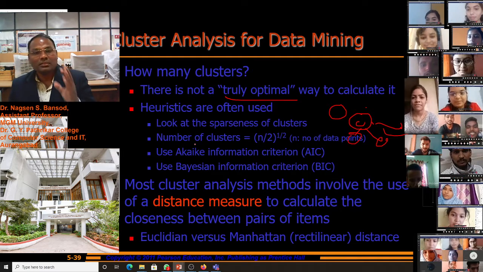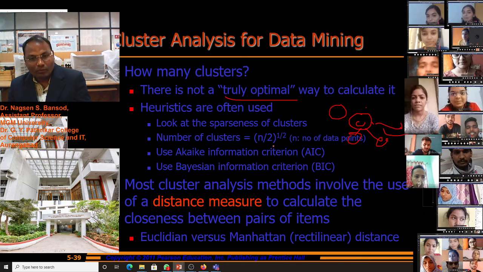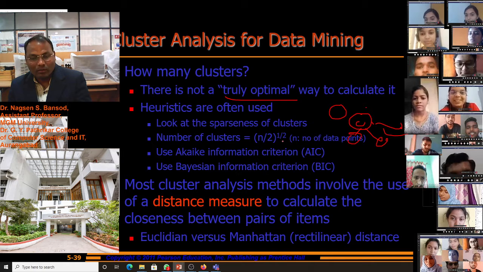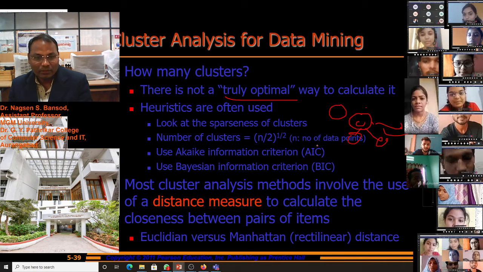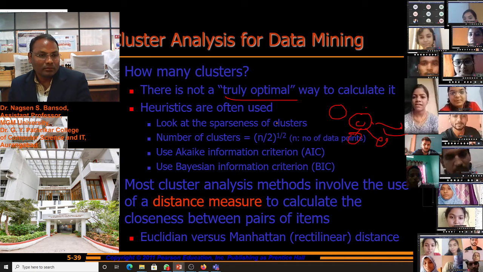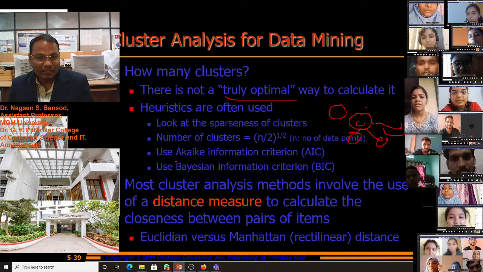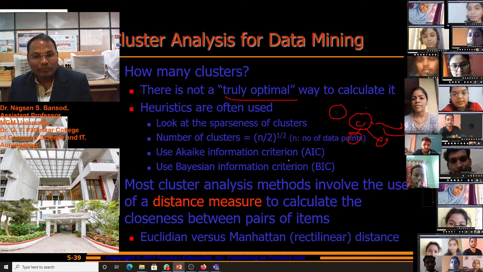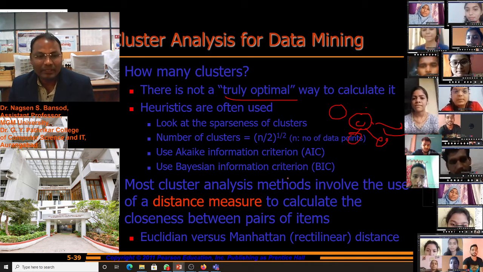Also, the number of clusters can be equal to the square root of n by 2, where n is the number of data points. This we can use to make an accurate or optimal result, as well as the Akaike information criterion and the Bayesian information criterion.